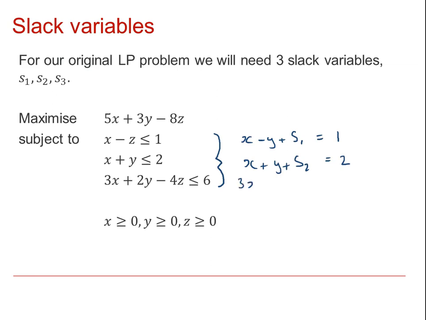And 3x plus 2y plus S3 must be equal to 6. But we now have some extra trivial constraints, rather, that S1 must be greater than or equal to 0, S2 is greater than or equal to 0, and S3 is greater than or equal to 0.